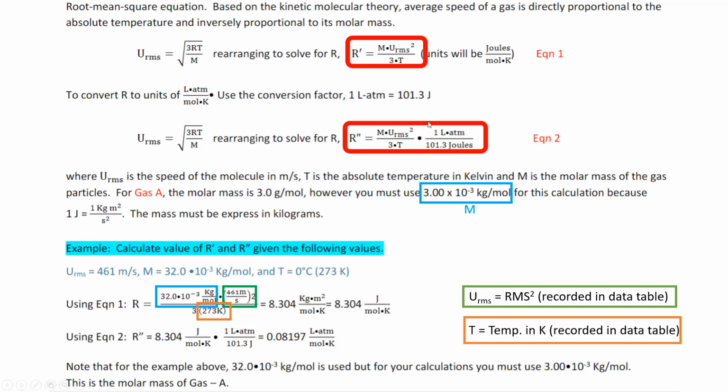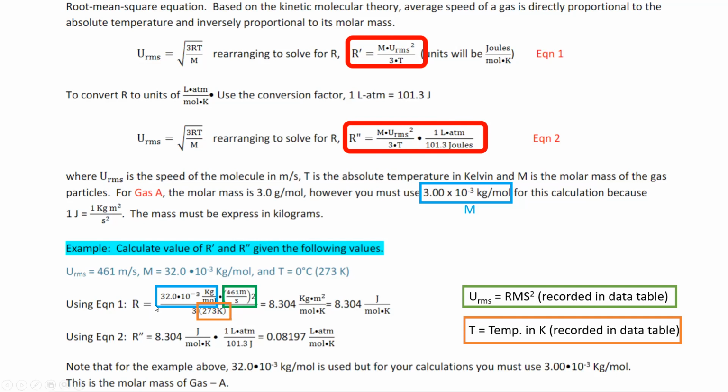This conversion factor just helps us convert the joules in the numerator up here to liters times atmospheres in the numerator, and then we're still over moles times Kelvin because it's the same equation from here to here. So these are our two equations, and this is just an example calculation using those equations.